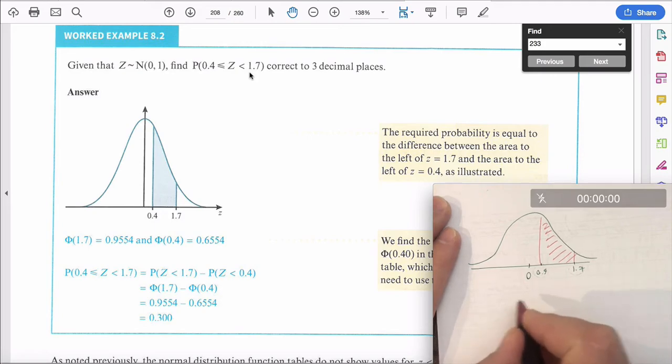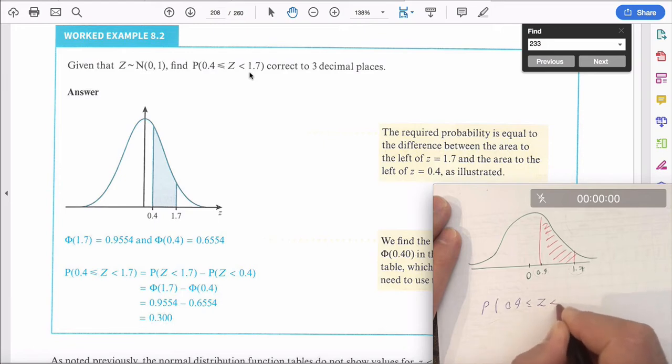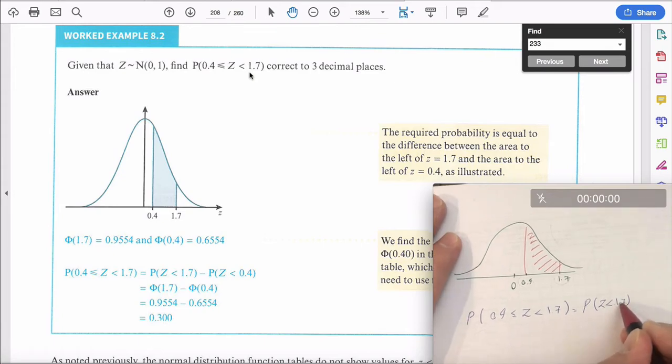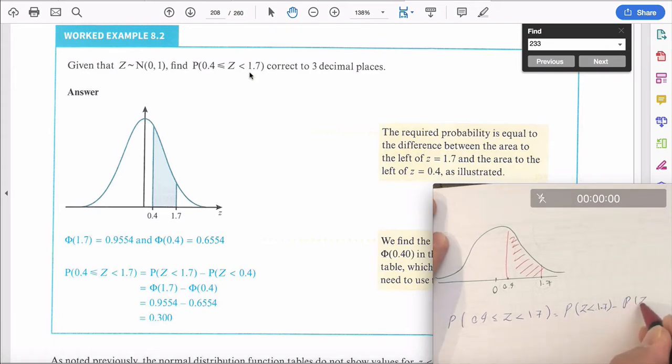So in order to find the probability of z between 0.4 and 1.7, you should calculate the region before 1.7 minus the probability of the region less than 0.4, because if I subtract this region from this region, it gives you this region in between. I hope you understand. Now what is probability of z less than 1.7? It is phi of 1.7 minus, what is probability of z less than 0.4? It will be phi of 0.4.